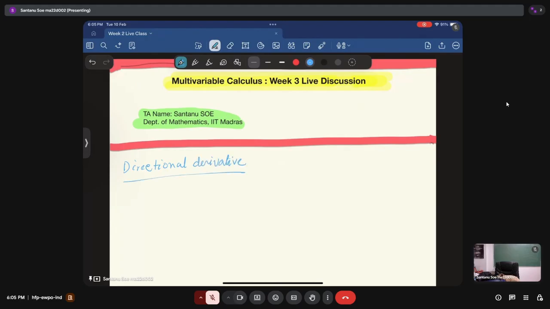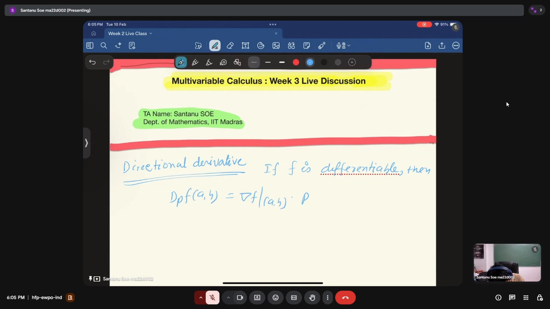So it says that if f is differentiable, then the directional derivative of f in the direction p at the point (a, b) is nothing but the gradient of f evaluated at (a, b) dot product with p.